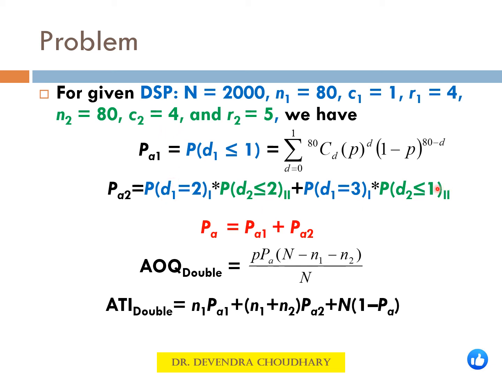If we find number of defectives equal to 3 in first sample, then lot would be accepted if number of defectives found in second sample is at most 1, because 3 plus 1 would be 4 and we cannot have combined defectives more than 4 as acceptance number for second sample is 4.